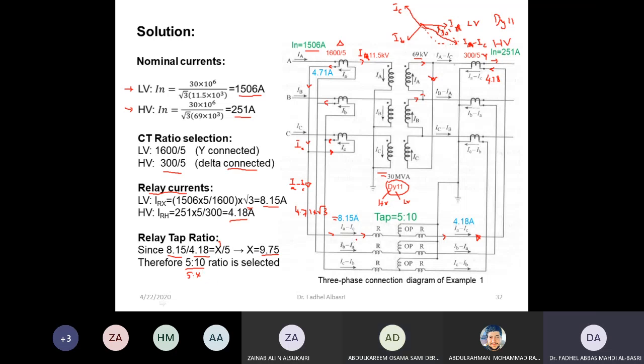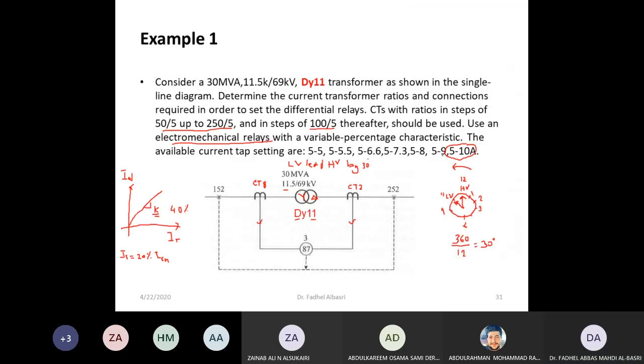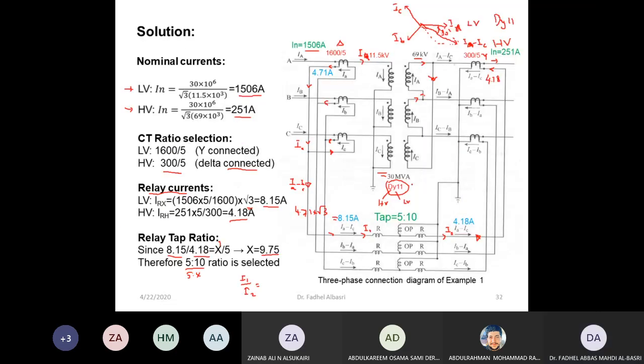Okay, and I will tell you why. Suppose this is I1 at the relay, and this is I2 at the relay side. When I say I1 over I2, if this represents a current ratio, it could go either way.